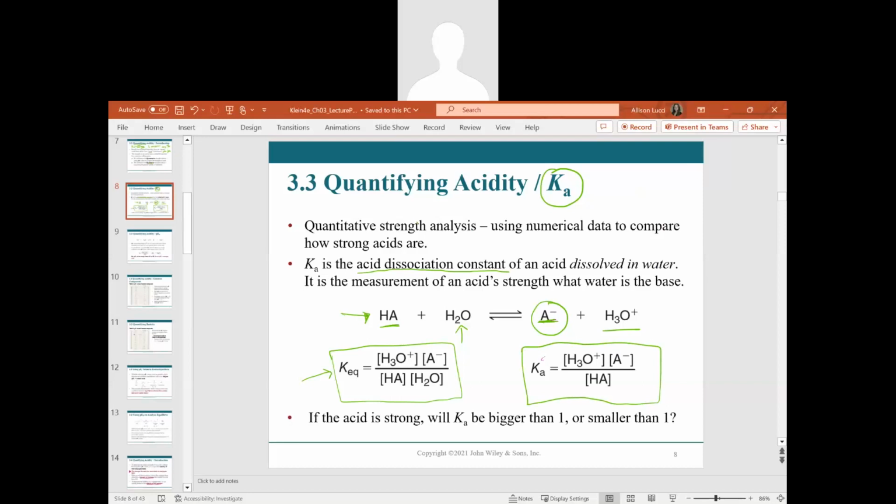We have the hydronium concentration, and those square brackets around each compound tell you that it's a concentration, times the concentration of our anion, and then we divide by the original concentration of our acid before it ionized.